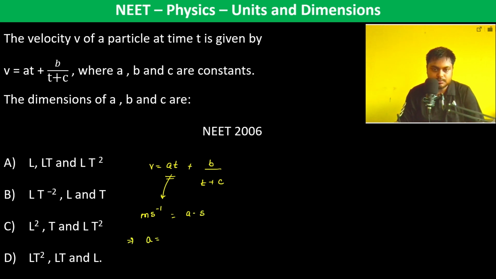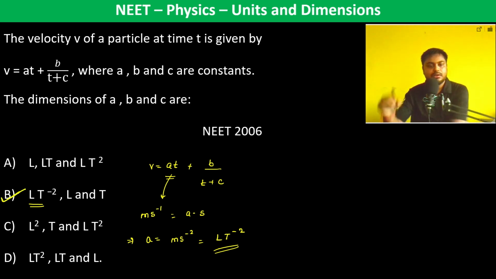Therefore a becomes meter per second square, which is L T^-2. Since this is the only option which has A as this, we'll just mark the B option correct. But we'll solve for the other constants also.